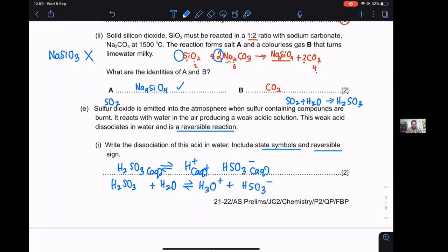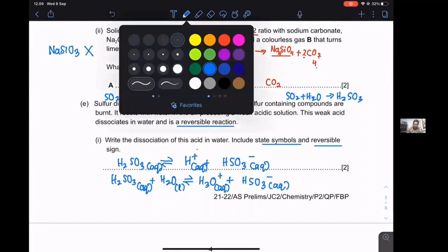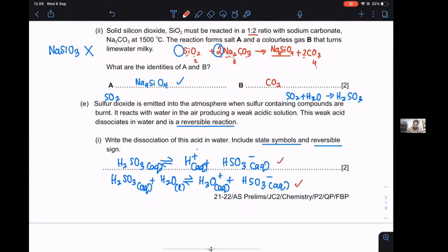It means the H+ will join with the water molecule to give you the hydroxonium ion. So therefore it is not complete. This one is liquid. You must put aqueous. If you write that down, it means this is also correct. But most of you answered in the other way.